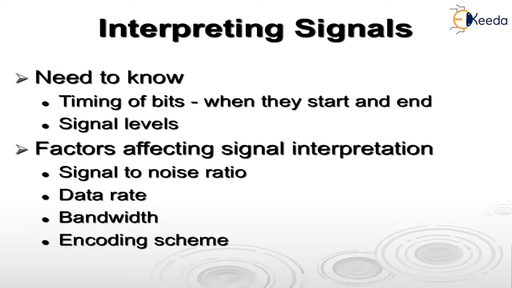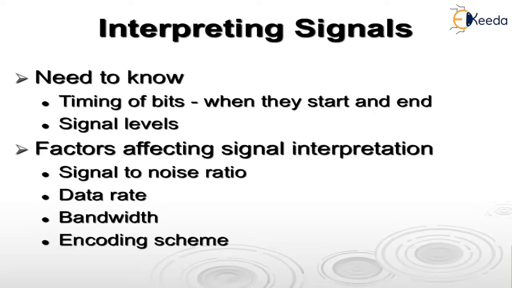Second, the receiver must determine whether the signal level for each bit position is high or low. These tasks can be performed by sampling each bit position in the middle of the interval and comparing this value to the threshold value. Because of noise and other impairments, there will be errors.